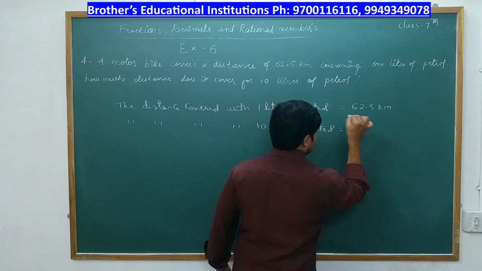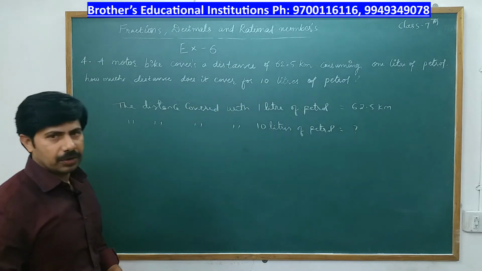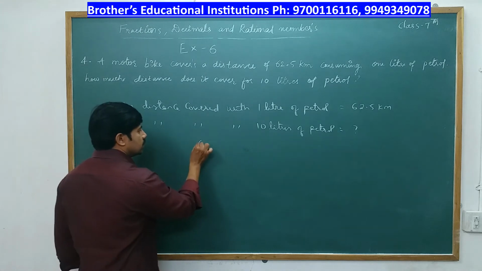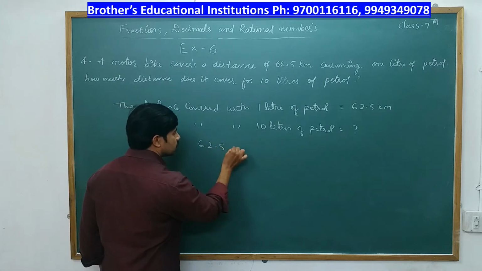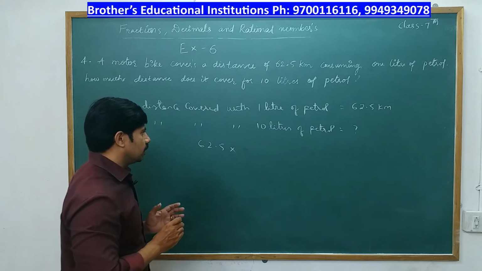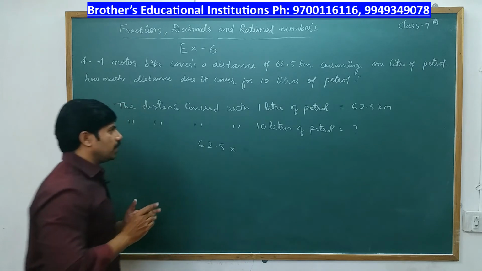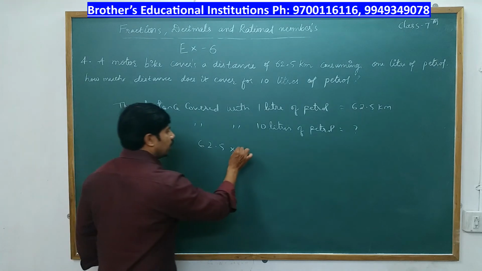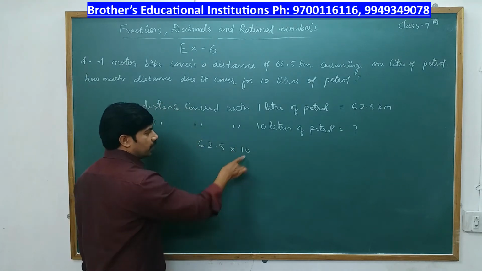So in order to find the distance covered with 10 liters of petrol, we need to multiply with 10. So we have 62.5 kilometers per 1 liter of petrol. He is traveling using 10 liters of petrol, 62.5 into 10 we need to do. So for 10 we have one zero.